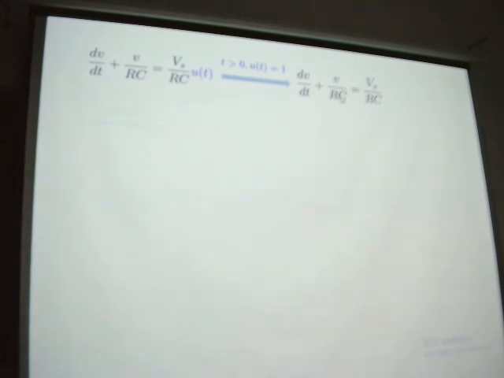If we rearrange this function, moving everything related to v to the left hand side and everything related to t to the right hand side, the left hand side is a function of v, and the right hand side is a function of t, because the coefficient is constant.